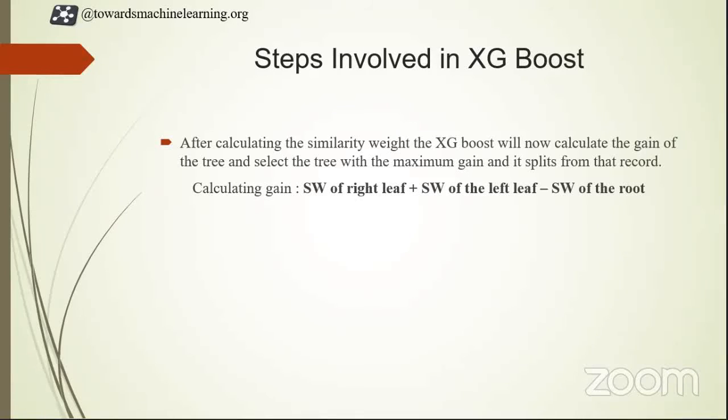You can see the formula here. It will select the tree with the maximum gain and split from that record only. This is how it calculates the gain. Whichever record gives the maximum gain, it goes with that record.